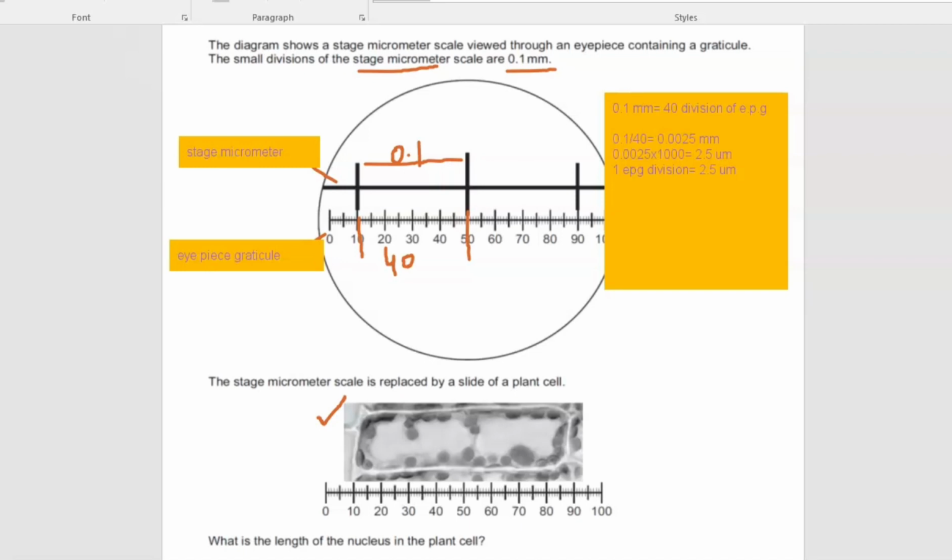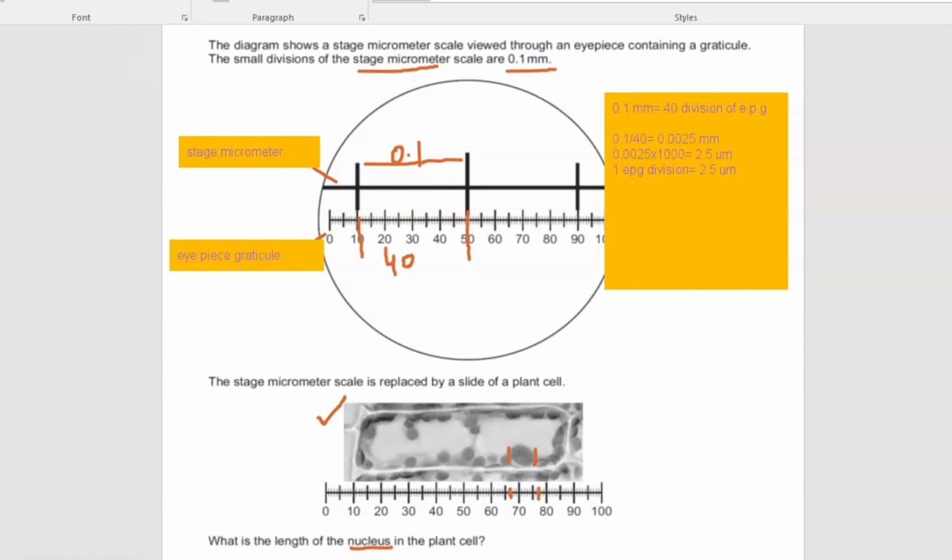Here they have mentioned the nucleus. So how can we calculate? First we have to find the maximum width here. With the help of a lead pencil you can mark, then with the help of a scale you can draw lines so that we can find out how many eyepiece graticule divisions there are.